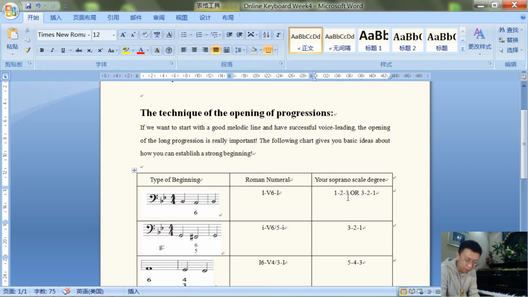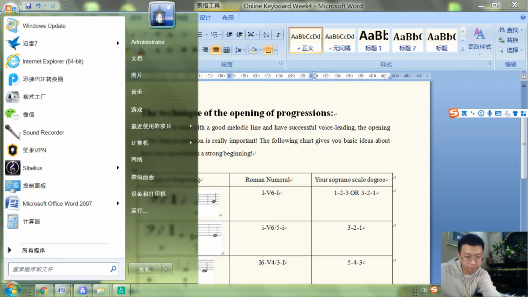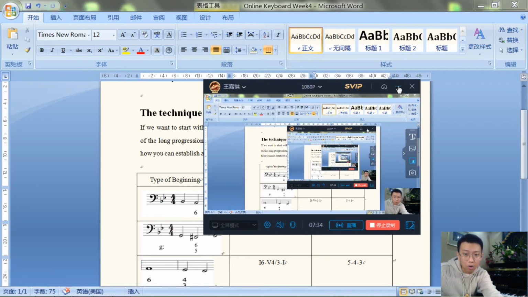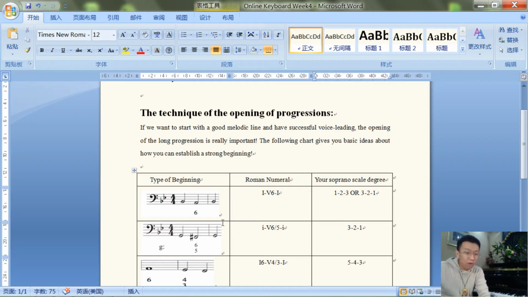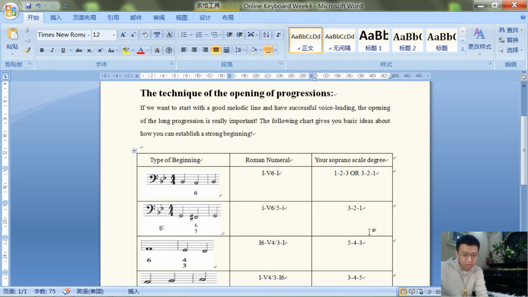It's not a parallel fifth. And the 7th resolves, and the leading tone is raised up by a half step. So that's not a problem. Okay? Now, in many beginnings, the progression will be written like 1-5-6-5 to 1. You can try to use soprano scale degrees 3-1 to do the opening.